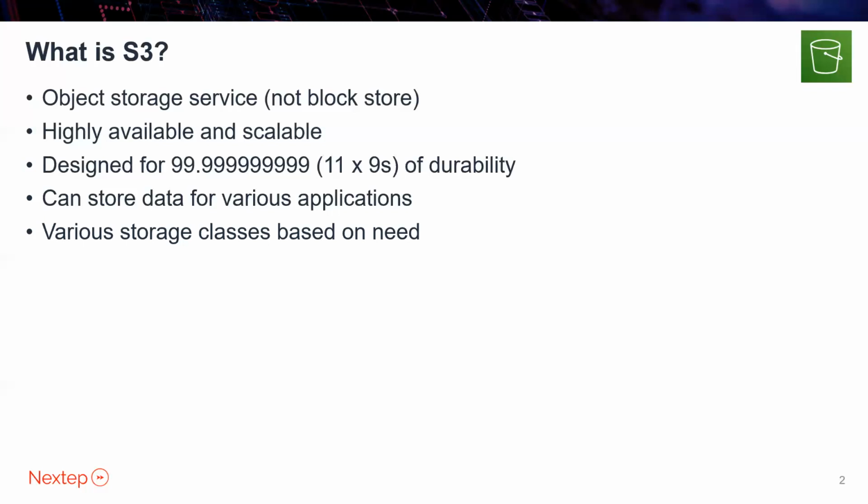Then you can go into one storage class. Or I want to store an object, but I don't use it very frequently. I use it rarely, probably once a week or so. But when I use it, I need it within milliseconds. I don't want to wait. That could be your use case.